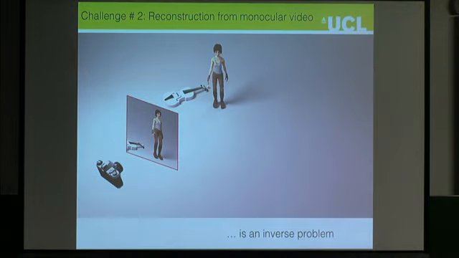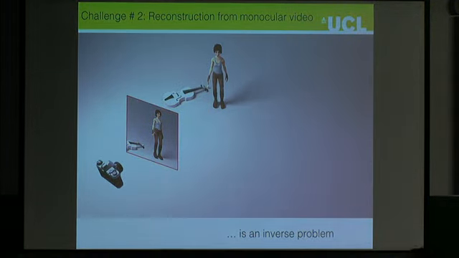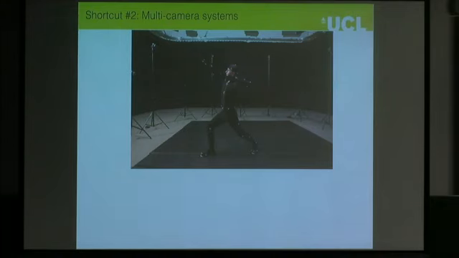the second challenge is that reconstruction is an inverse problem. If we just have a single view, of course we can have many different shapes that would reproject onto the same image. So this is a very important challenge, and the way that the industry has solved this problem is to introduce multiple views.